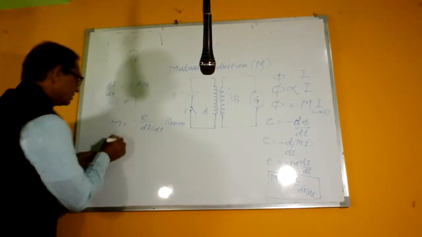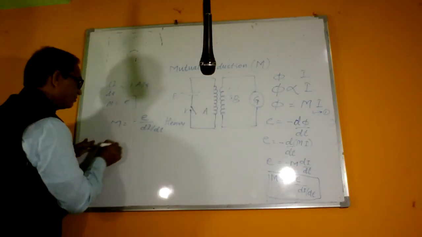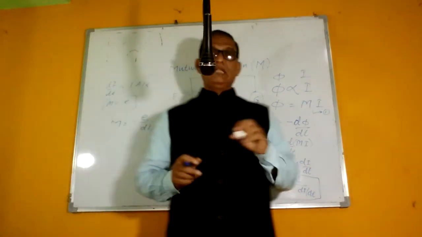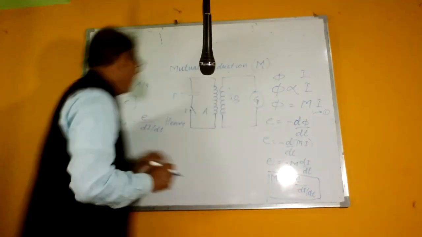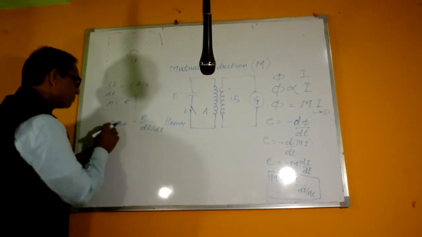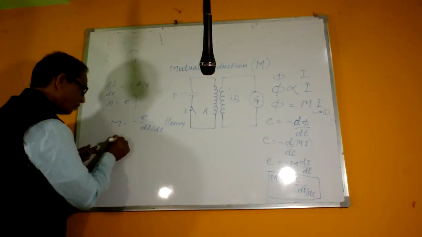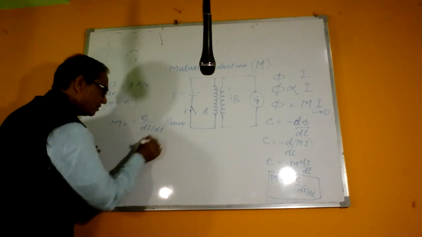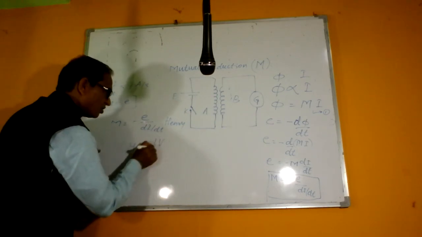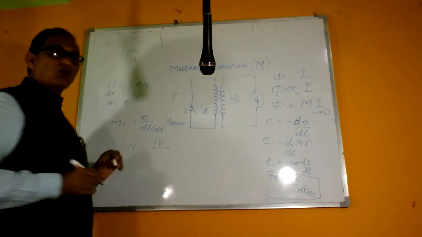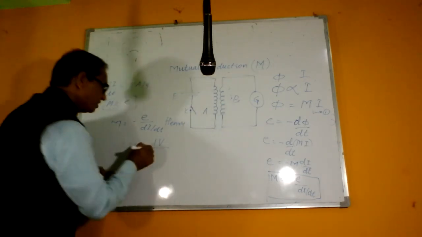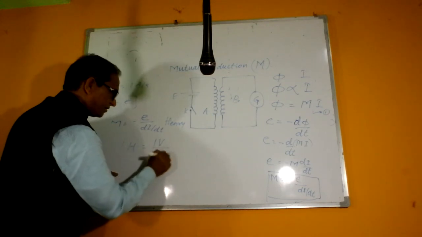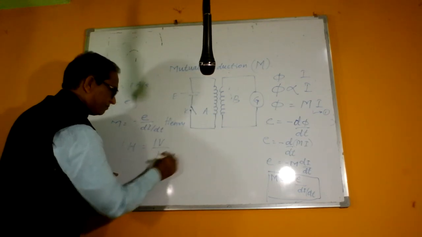Now we define 1 Henry. This is called the coefficient of mutual inductance. The coefficient of mutual induction M is 1 Henry if the EMF developed in the coil is 1 volt because of the rate of change of current being 1 ampere per second.